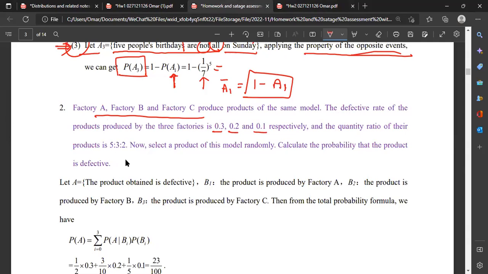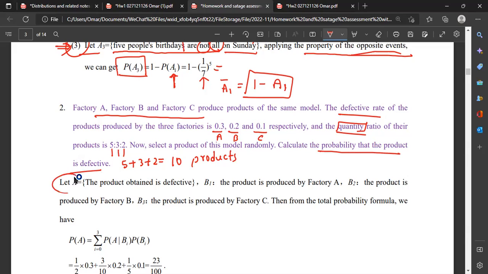So in total there is 5 plus 3 plus 2, in total there is 10 products. And the defective rate for A is 0.3, for B is 0.2, and for C is 0.1. Calculate the probability that the product is defective.